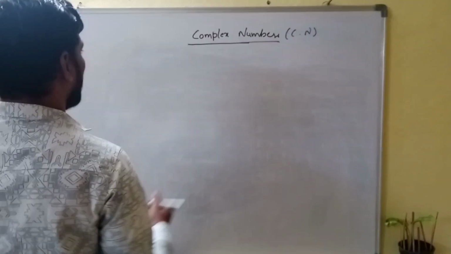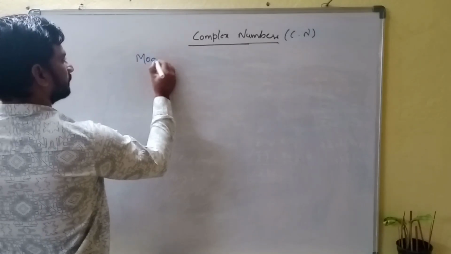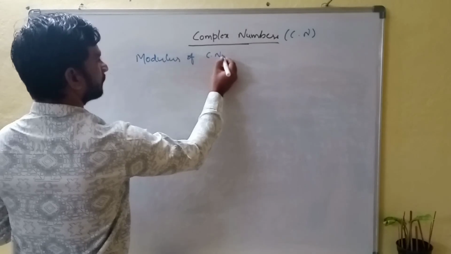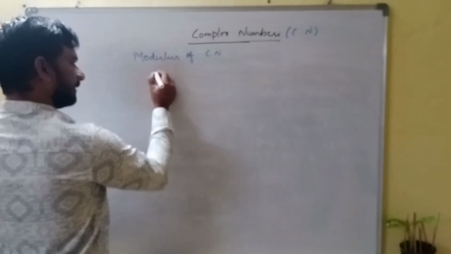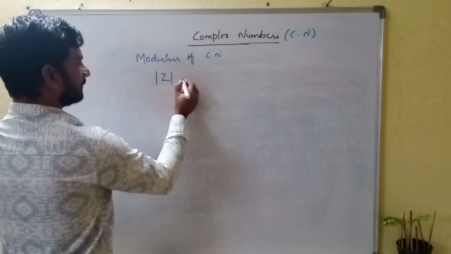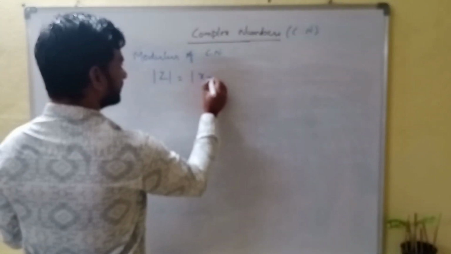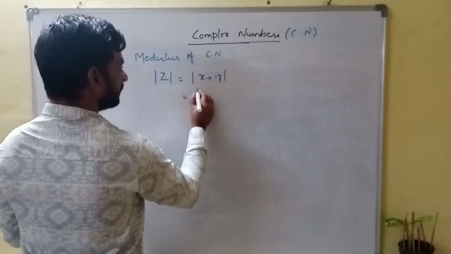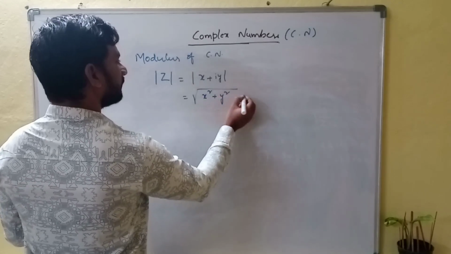Before going further, let's come to the modulus of a complex number. We can represent the modulus of a complex number as mod z. So this becomes mod of x plus iy, which equals under root x square plus y square.